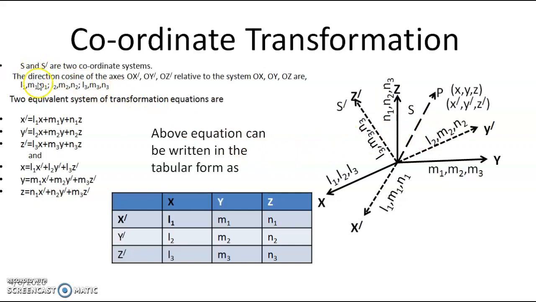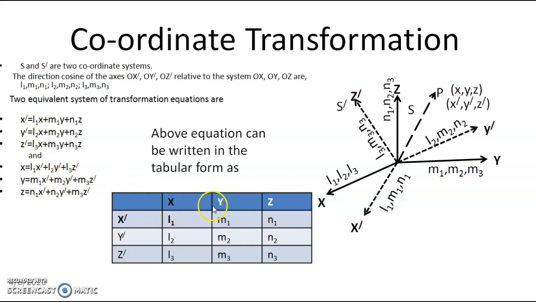Similarly, these direction cosines are assigned for all six coordinate axes, right? Now, how can we formulate all these equations with a table?